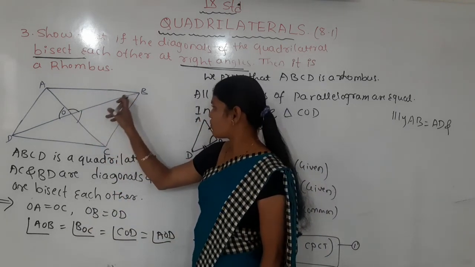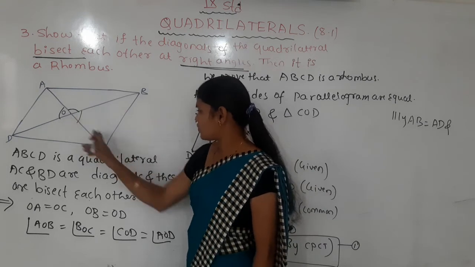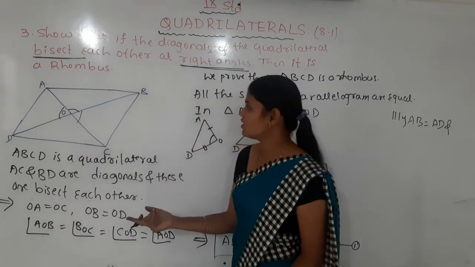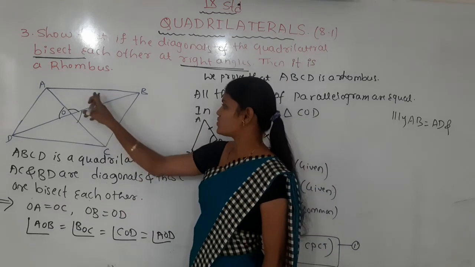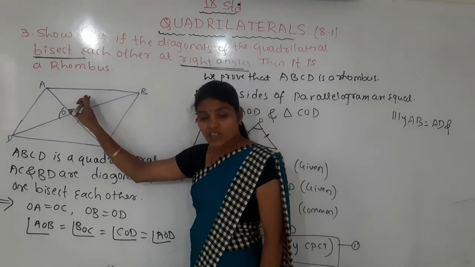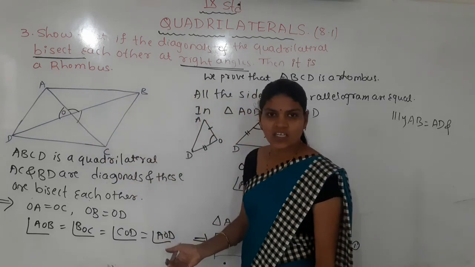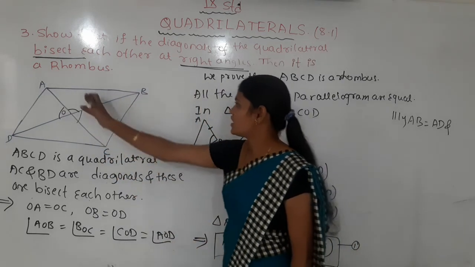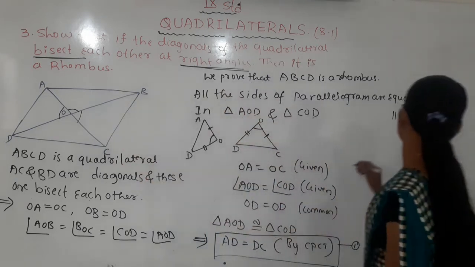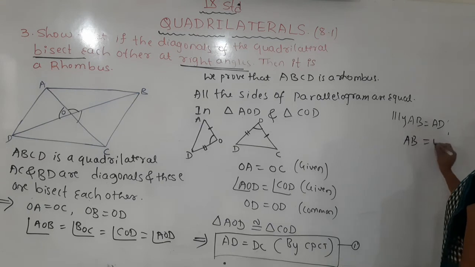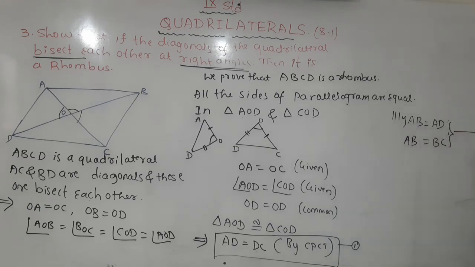Angles are equal, one common arm, and here OC is the same as OA, given. Then we can conclude these two triangles are congruent. If these two triangles are congruent, then these two corresponding sides are equal. Then AD is the same as BC. AD is equal to BC. So together we will call this equation 2.